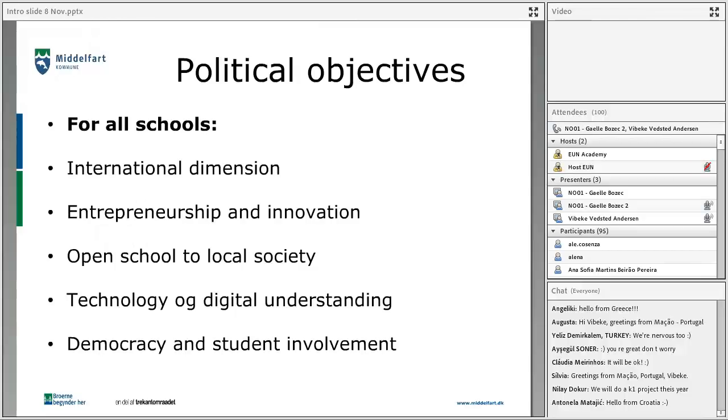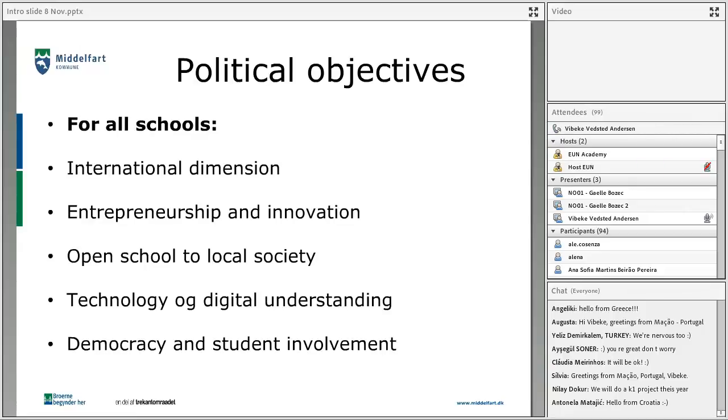In Middelfart, our political objectives for the schools, and that means for all schools, are that all schools should have an international dimension. All schools should educate the students to become entrepreneurs and innovative students.